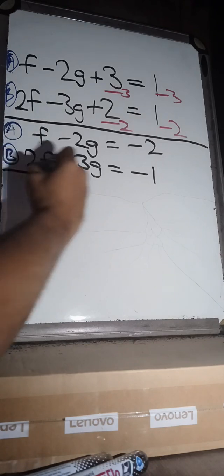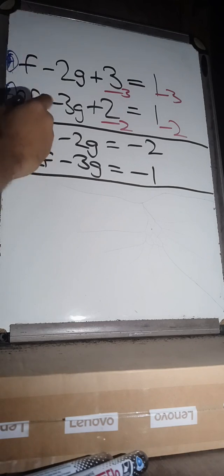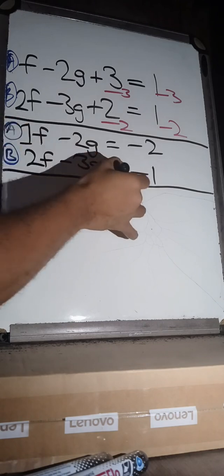So this now is not so bad, because what's in front of this f is 1. And the LCM of 1 and 2 is just 2. The LCM of 2 and 3 is 6. 1 times 2 is 2, 2 times 3 is 6. So therefore this is not too bad, right?